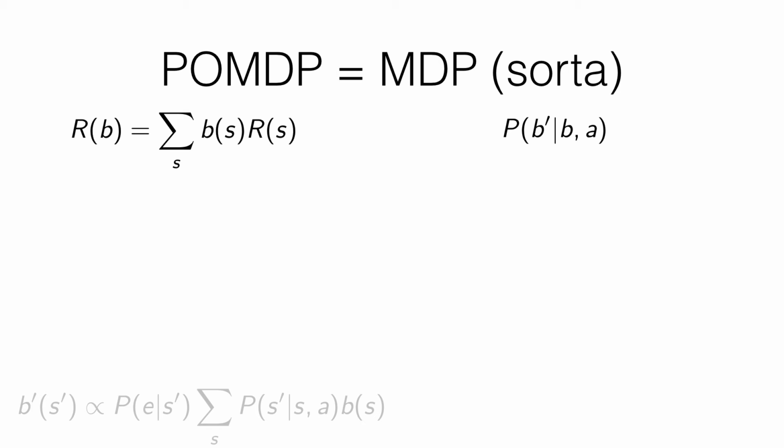All right, so now we also need a transition model. Think about it this way: if we have a current set of beliefs, which we call B, and we take action A, what will our new beliefs be? What will B prime be? That's the transition model.